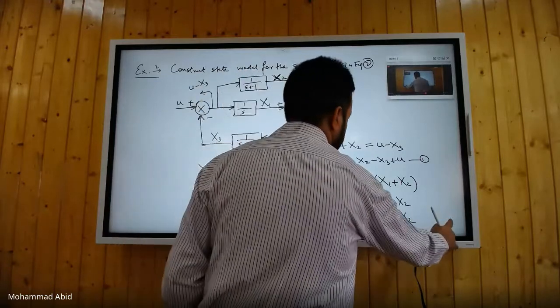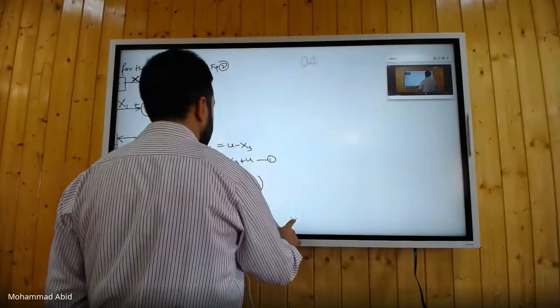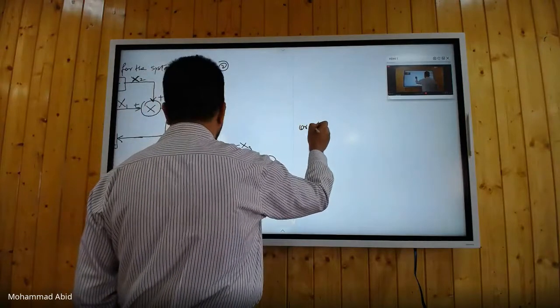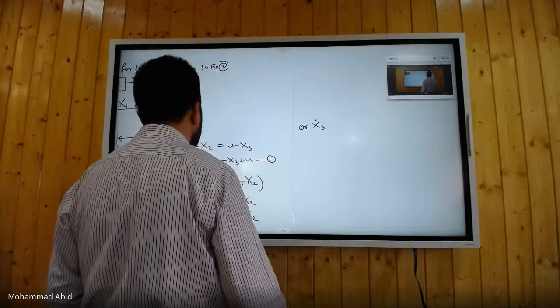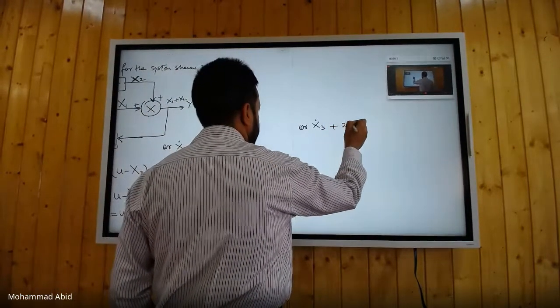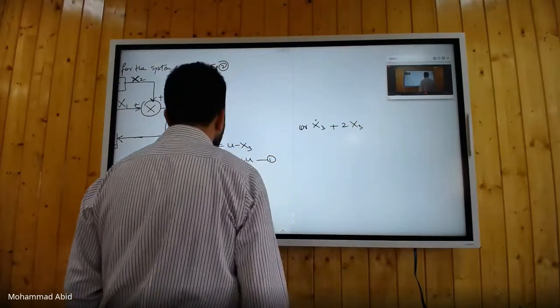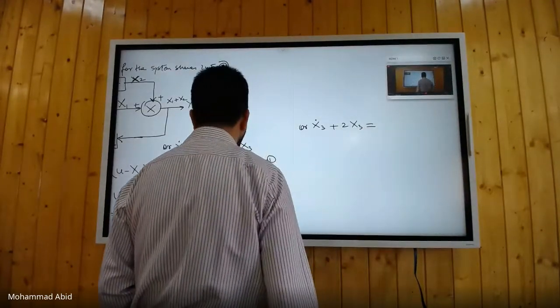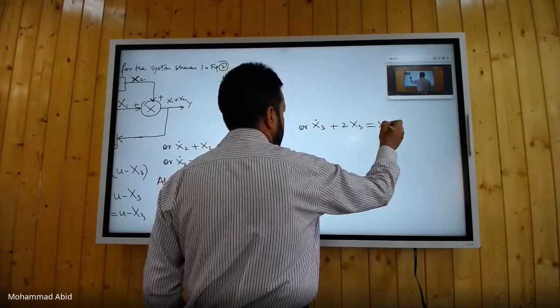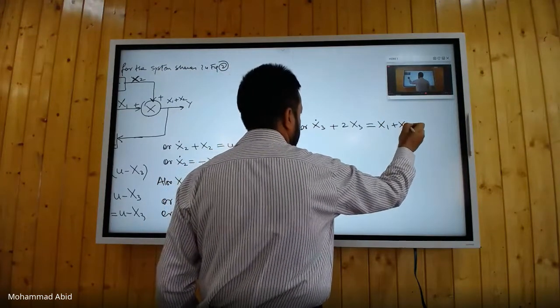Now if we write this in the time domain, how will we write it? I can write x3 dot plus 2x3 is equal to x1 plus x2.